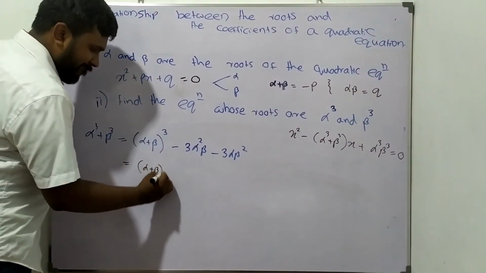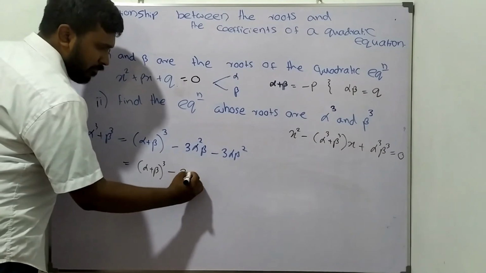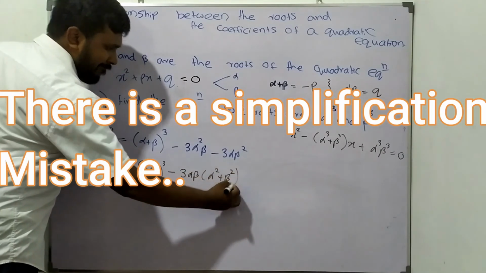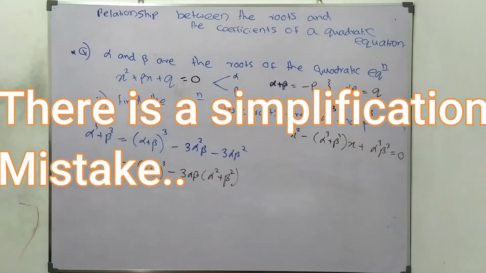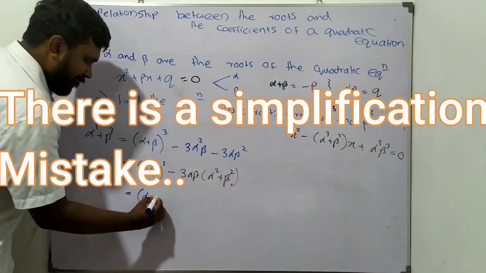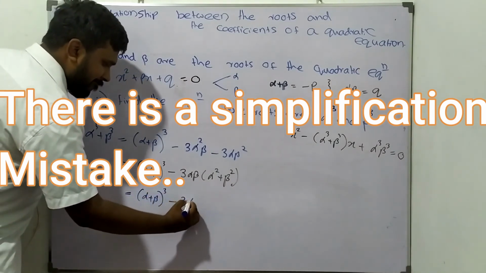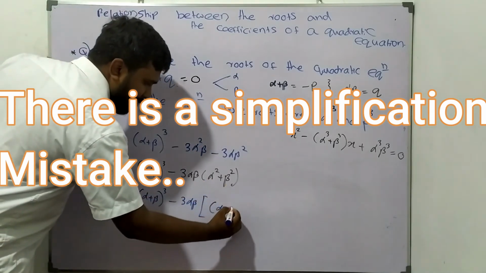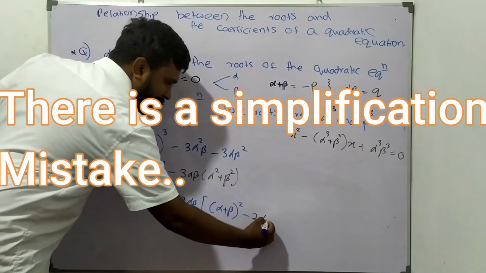This is minus 3 alpha beta times alpha plus beta. Sorry, this is not alpha squared plus beta squared. When you pull out alpha beta, it's not alpha squared beta squared, it's alpha beta.